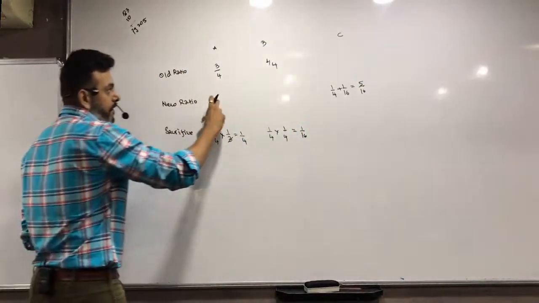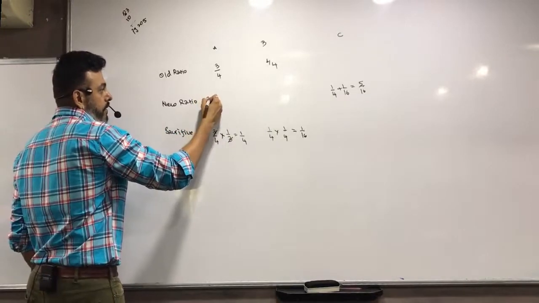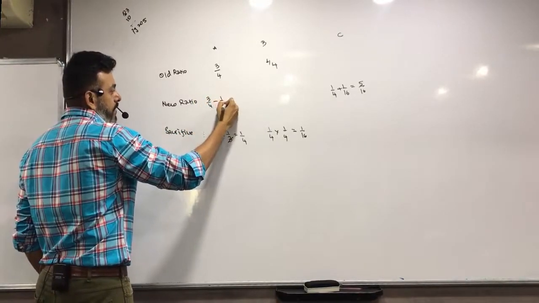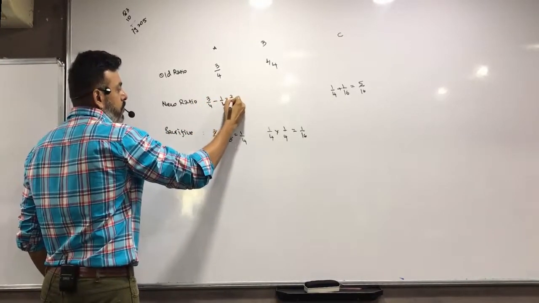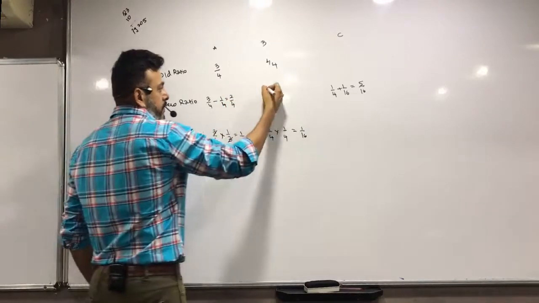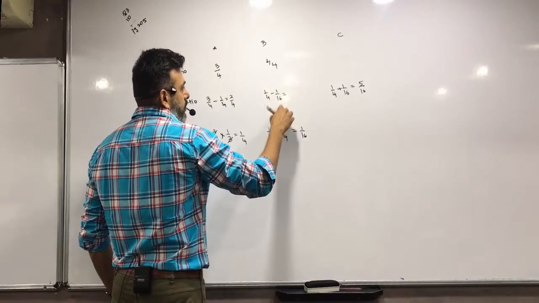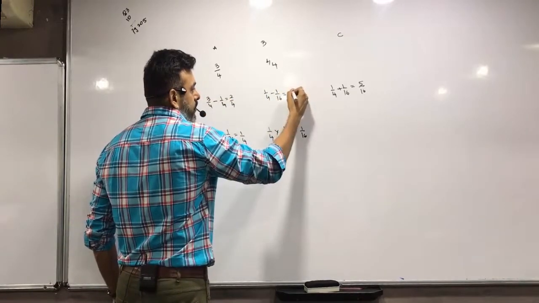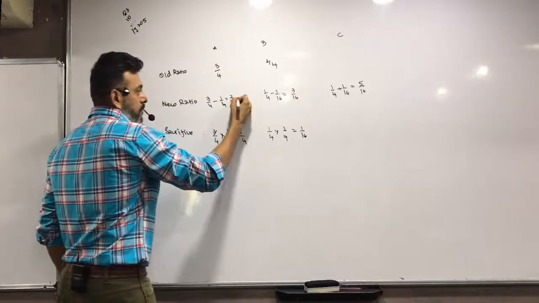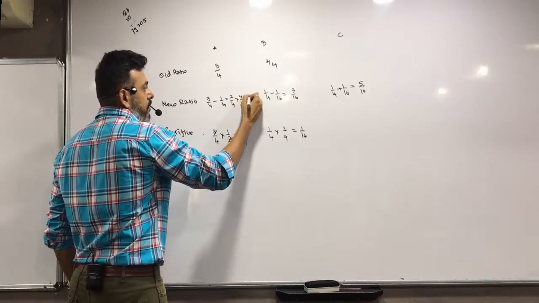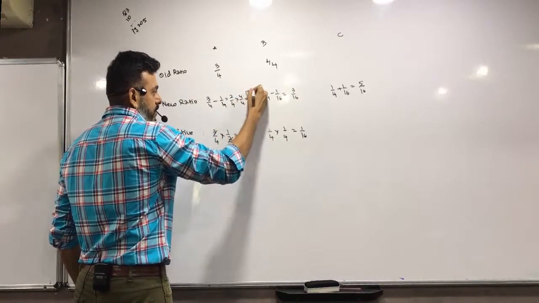Can you find the new ratio of A and B? 3 by 4 minus 1 by 4 is 2 by 4. 1 by 4 minus 1 by 16, so it is 3 by 16. So this will be 8 by 16.